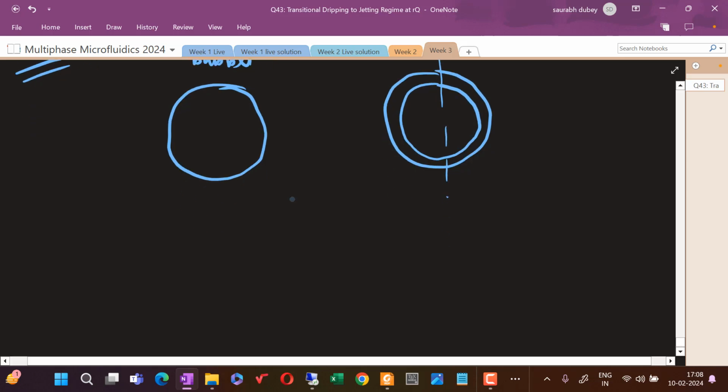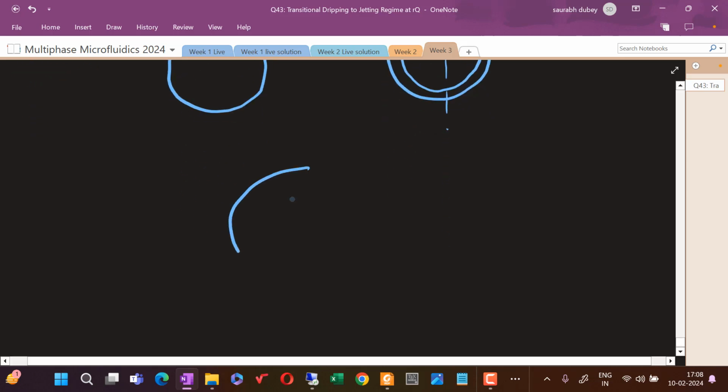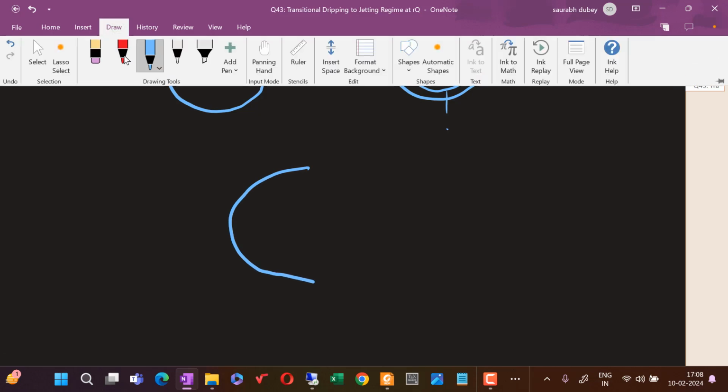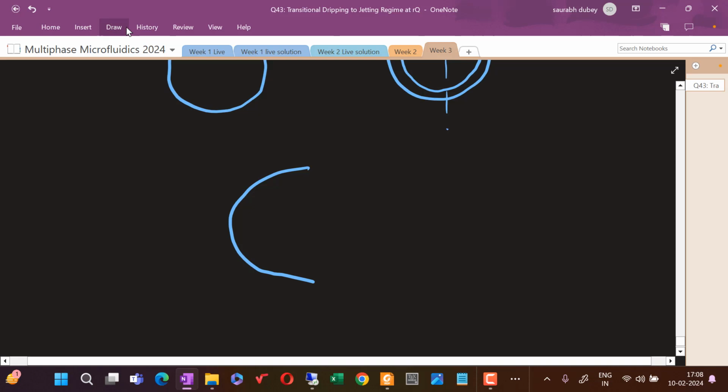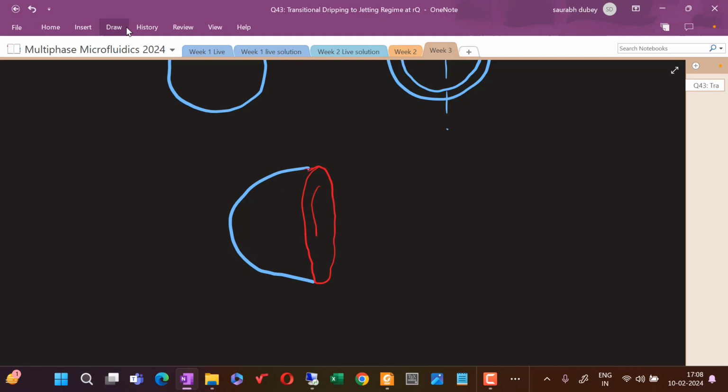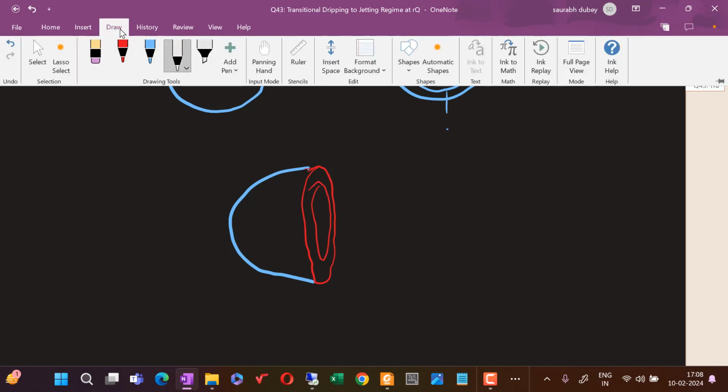This red portion is the outer thickness, and this is the inner thickness. Then there will be some forces acting.